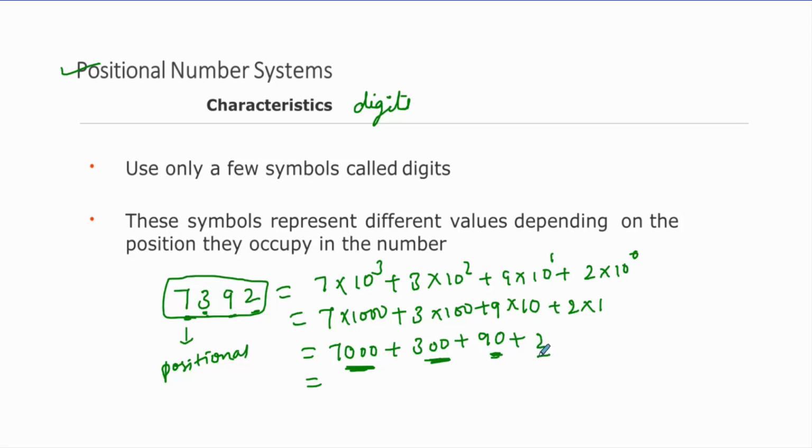The positional value of 2 is 1, that is 2. If you add all together, we get 7392. This is how the positional number system can be understood. I hope you understood this perfectly. This is the discussion of the positional number system. I hope you have the idea of what a positional number system and a non-positional number system are.